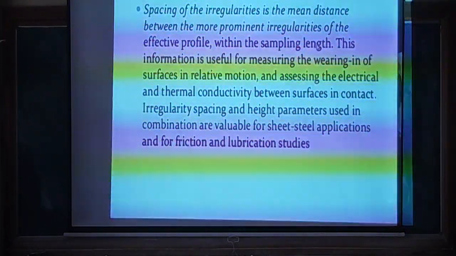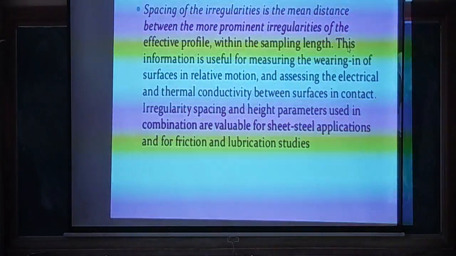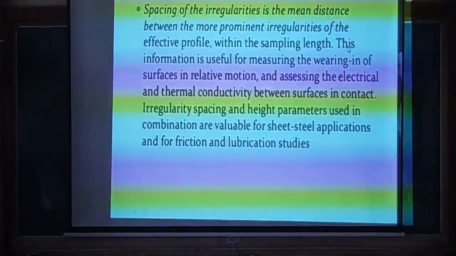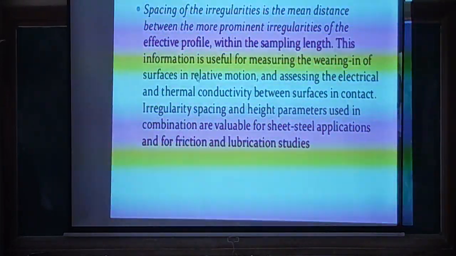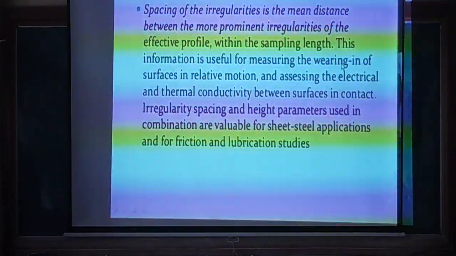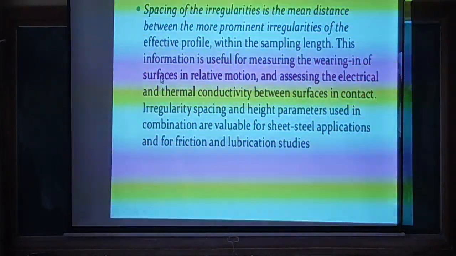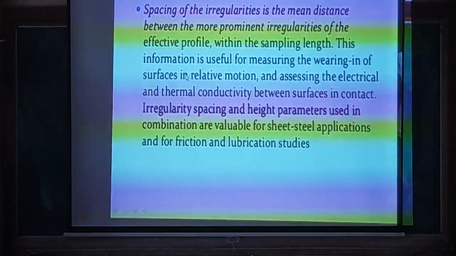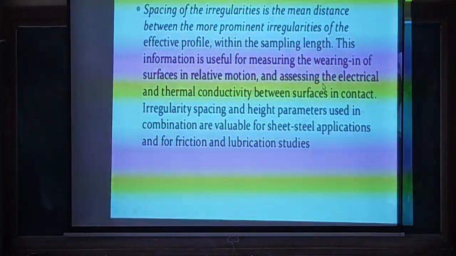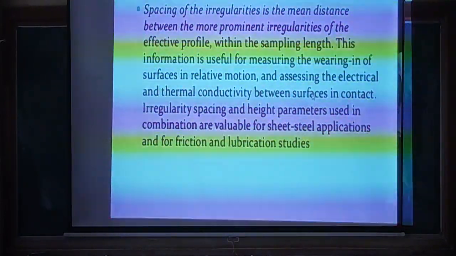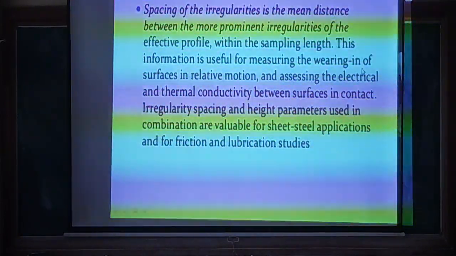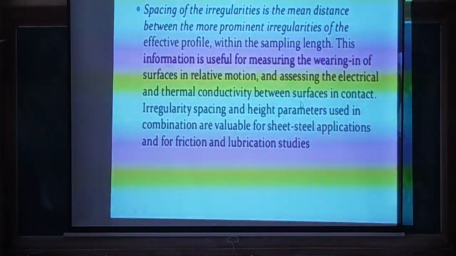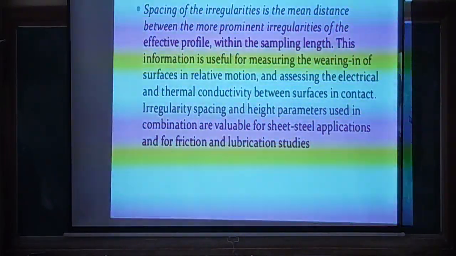Why this spacing of irregularities is very important is that the information is useful for measuring the wearing in of surfaces in relative motion, and for assessing the electrical and thermal conductivity between the surfaces in contact.